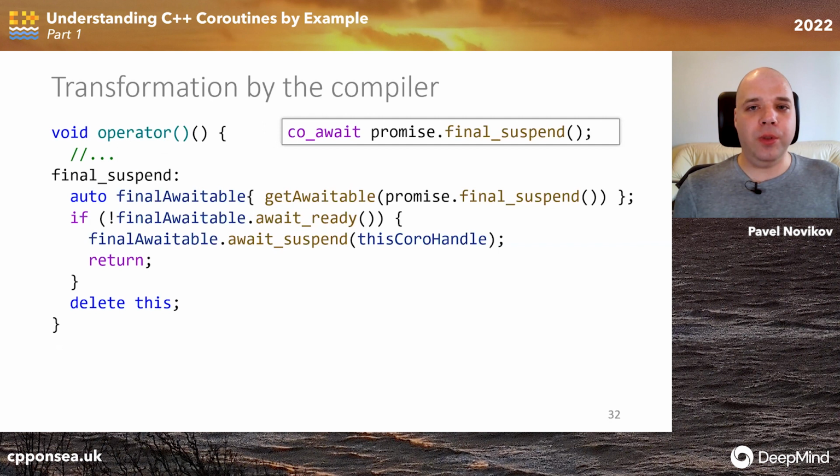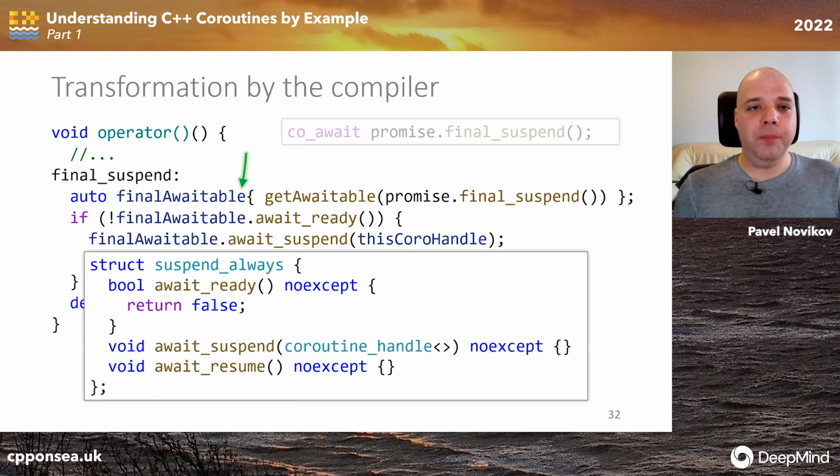Here we await on the result of the final suspend call on the promise object, and this is transformed into a construction like this. Here we get the final awaitable. In our case, the final awaitable is suspend always, which is never ready and does nothing actually when the coroutine is suspended.